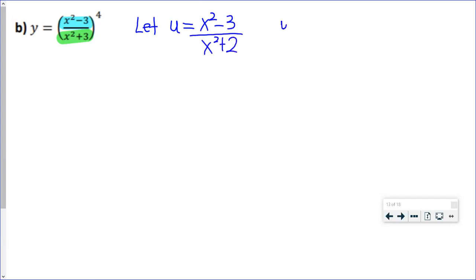And then the outside function would be y is equal to u to the power of 4, right? Those would be the two scenarios, the outside function and the inside function. And we could say dy over dx, and what we did yesterday, the Leibniz notation, or not, right?